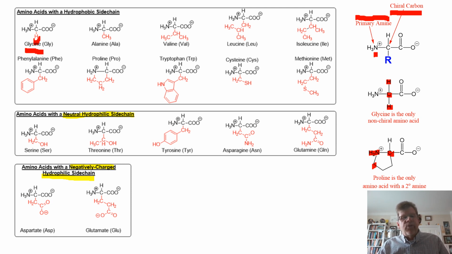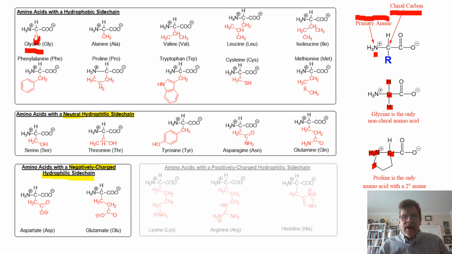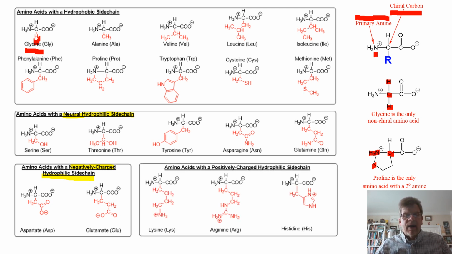charged hydrophilic side chains. The last 3 of them are amino acids with positively charged hydrophilic side chains. Anytime we have a charge, and we're looking just at the side chain right now, we have something that is considered hydrophilic. But in this case, they are positively charged.